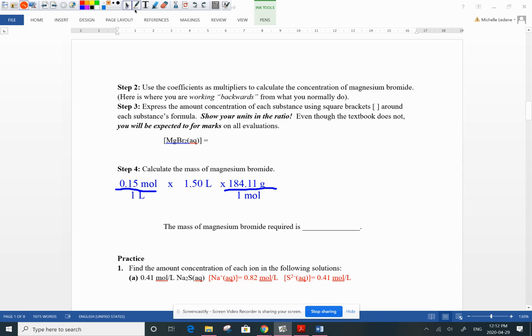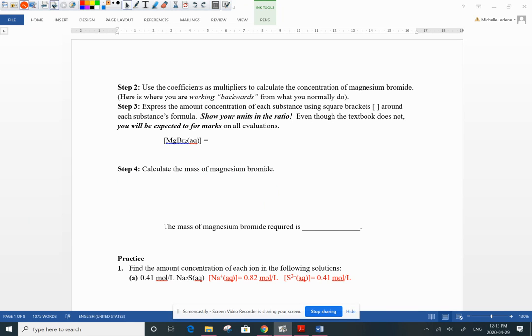Well, we've got the concentration, and you can see liters on bottom times the volume, and the liters cancel. Now I'm working in moles. Now look at this, moles times my molar mass, moles on top and bottom are going to cancel. And what am I left with? Aha! I'm left with grams. So I just found the mass in grams.